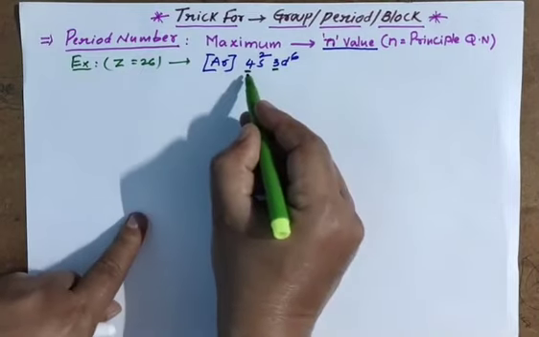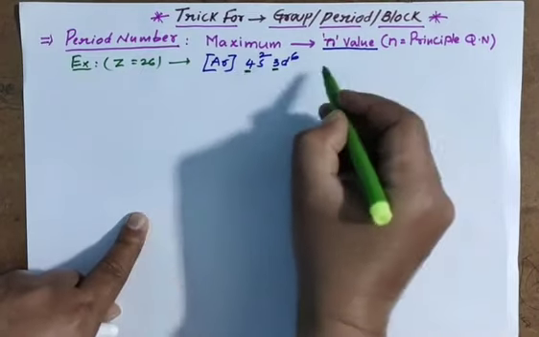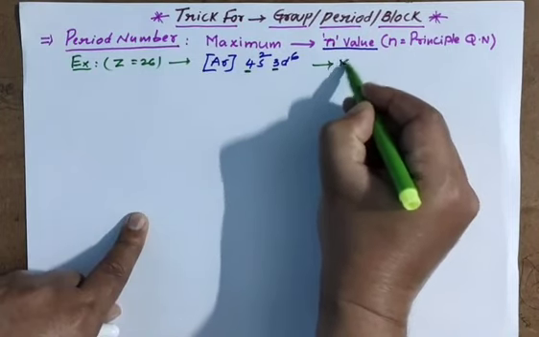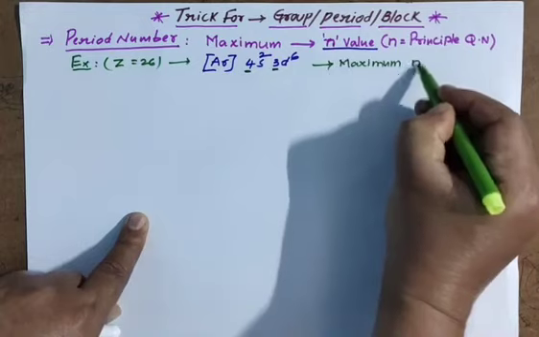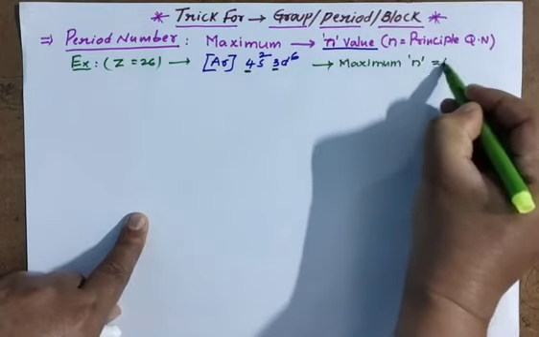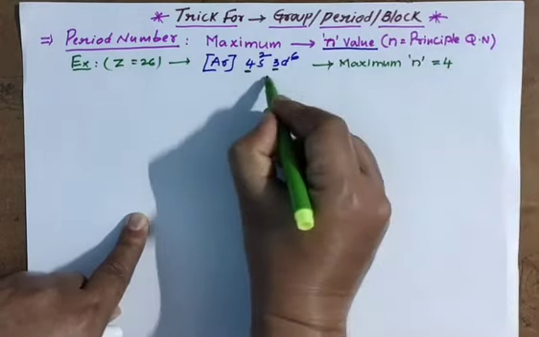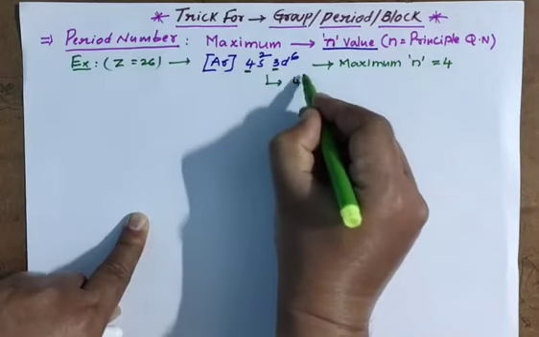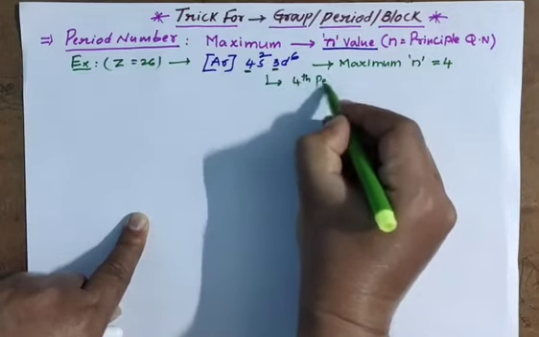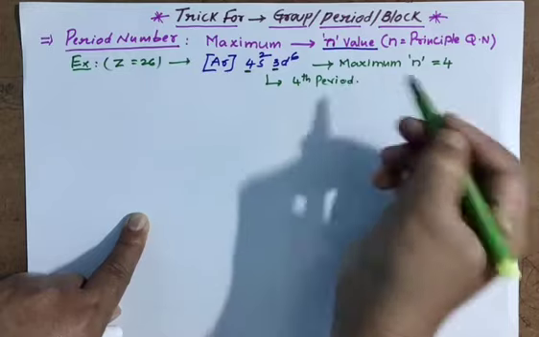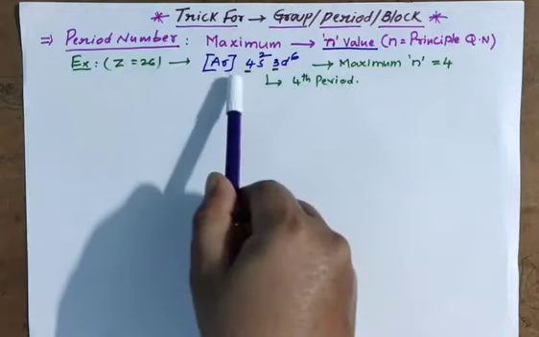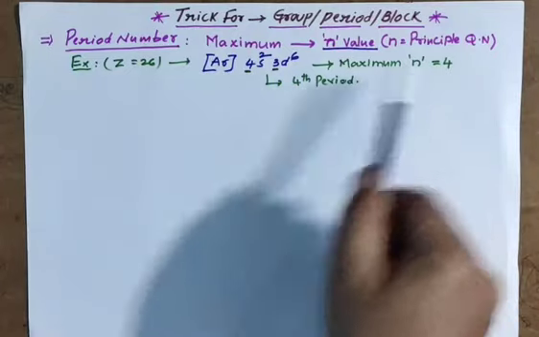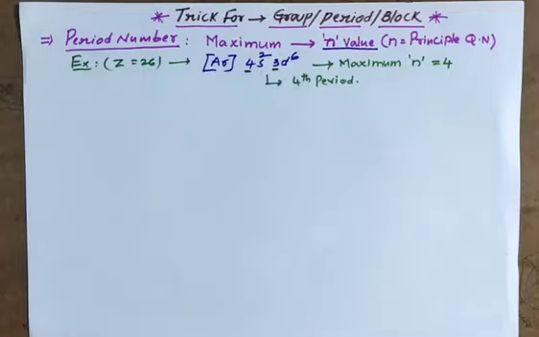Which is the maximum number? 4. So maximum n equal to 4. That's why it belongs to the fourth period. You can cross check in the periodic table. This is the fourth period. For any element you can predict like this. Fourth period.